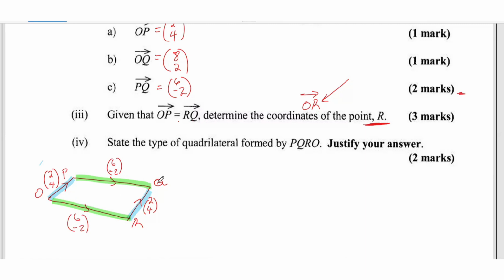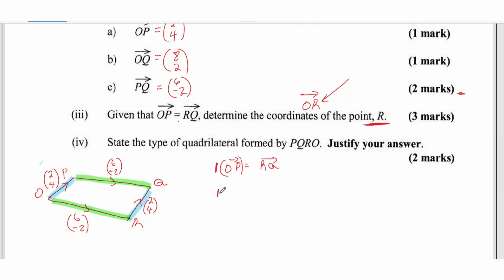Now, how do we know that they're parallel? For example, if I take OP and multiply OP by 1, I'm going to get RQ. So as you could see, if I use 1 to multiply by OP, I get RQ.